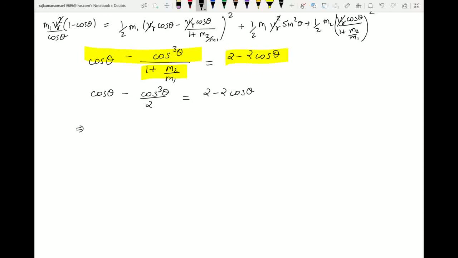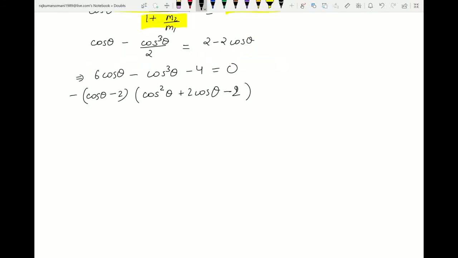Further simplifying this will give you cos cube theta plus 2 cos theta, 6 cos theta, minus 4 equals 0. From this equation we get cos theta minus 2 times cos square theta plus 2 cos theta minus 2 equals 0.